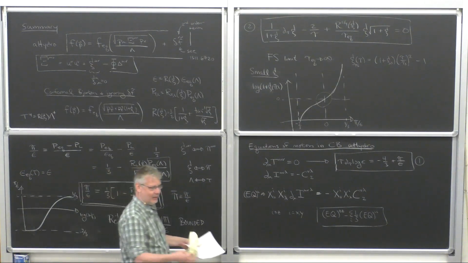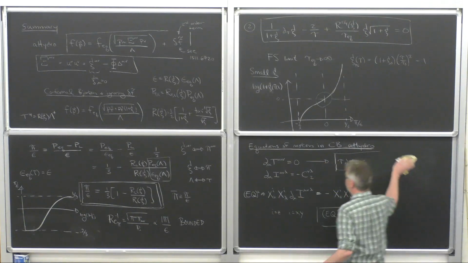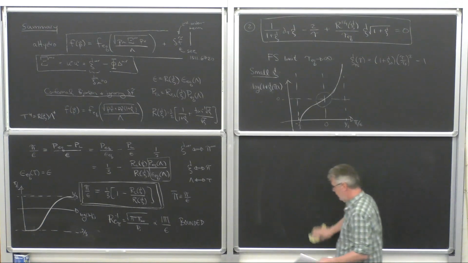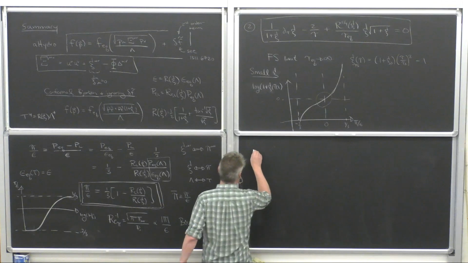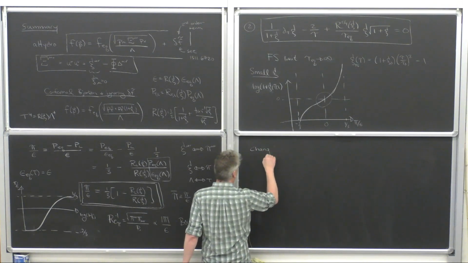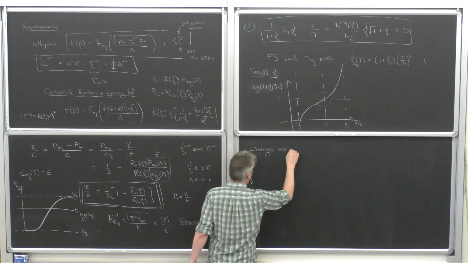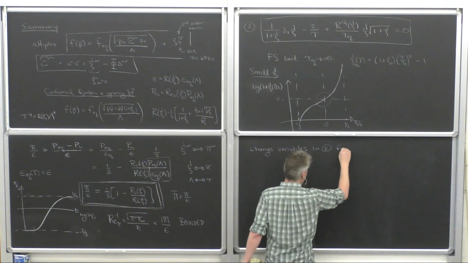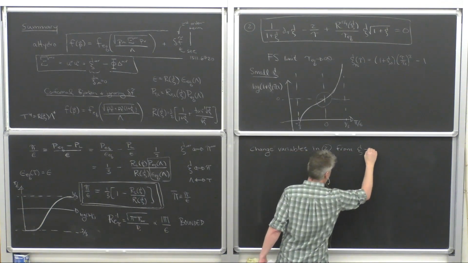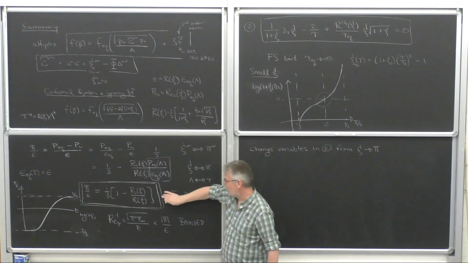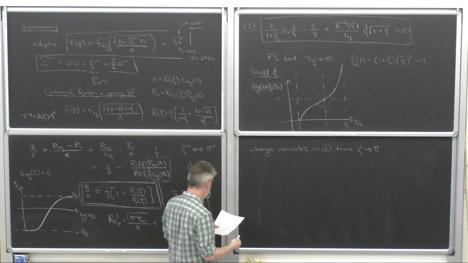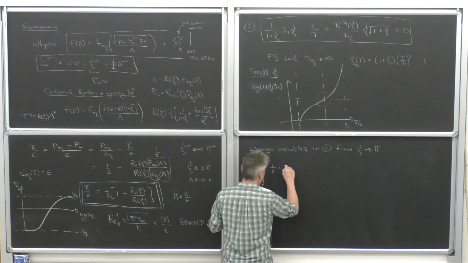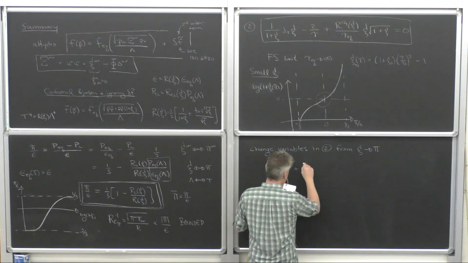I give you all the details about how to do the next step. So before we do the linearization, we can change variables in 2 from C to pi using our double boxed equation over here. And then you get something that on the surface is not very enlightening, but turns out to be quite wonderful.